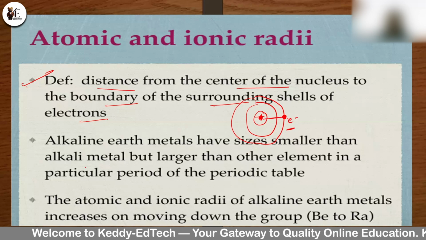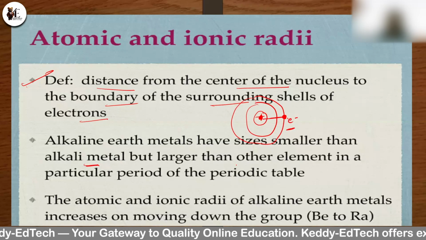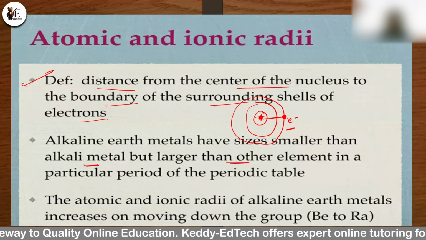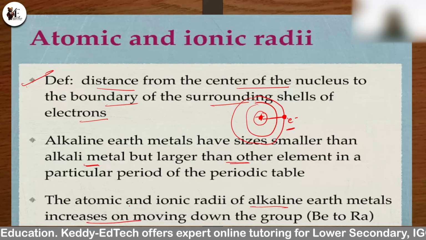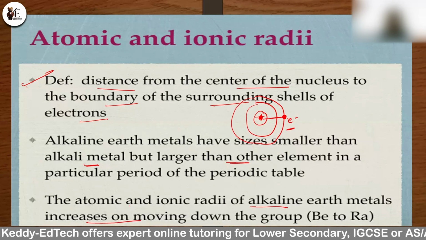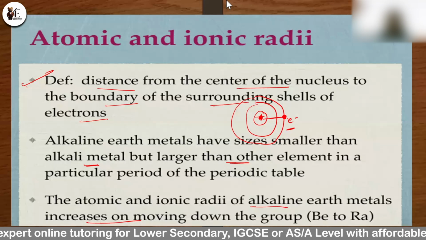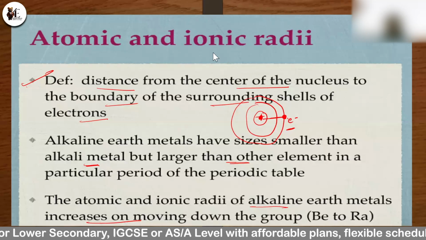Compared with the alkali metals, they have smaller sizes, but overall in the periodic table they are larger. The atomic and ionic radii of alkaline earth metals increase on moving down the group from beryllium to radium because the number of shells increases.